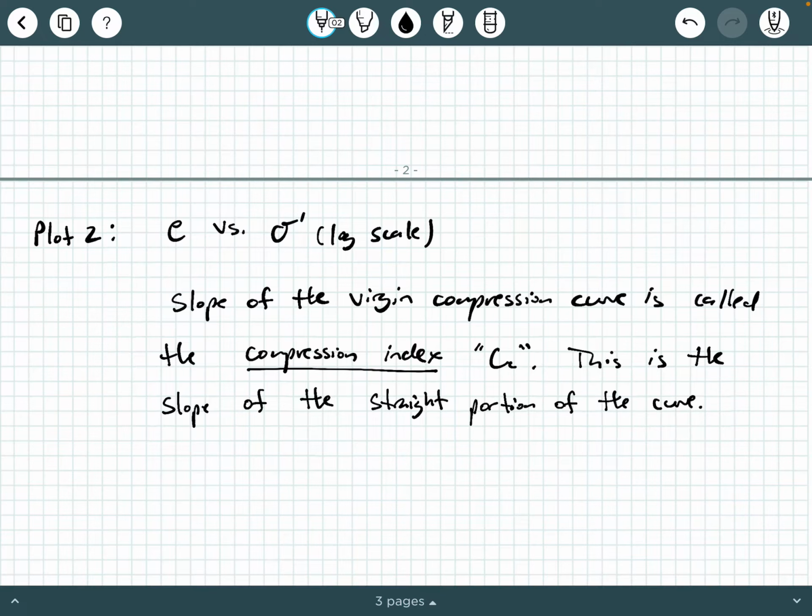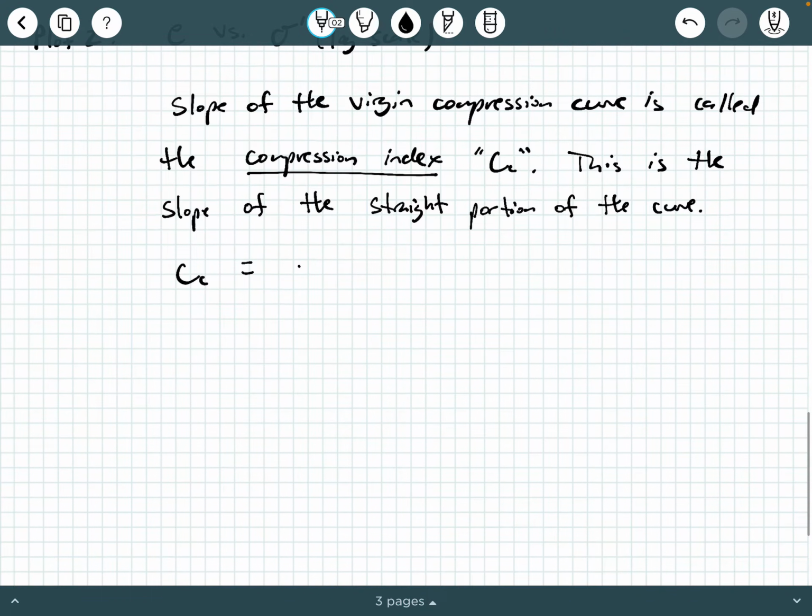All right, so we'll say C sub C equals negative dE over d log effective stress. And again, the negative indicates a decreasing slope. So we can express this as a delta.